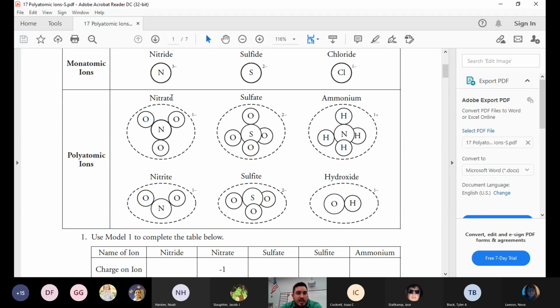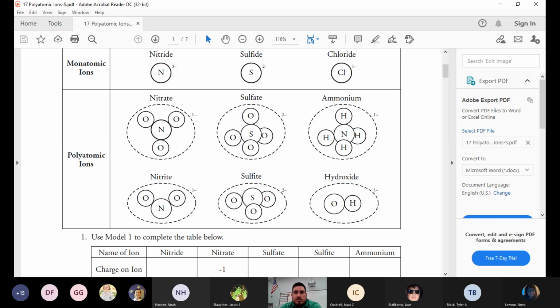So nitrate gets 1 more electron, it'd be a -1 charge, but then nitrate can bond up with a positive particle because it's negative. Remember, opposites attract. Same thing for sulfate, which is S with 4 oxygens. When you try to draw it, you will notice that you need 2 more electrons in order to be satisfied. Ammonium, when you draw that, you realize you need to get rid of an electron in order for that to happen. I can show you that as well.